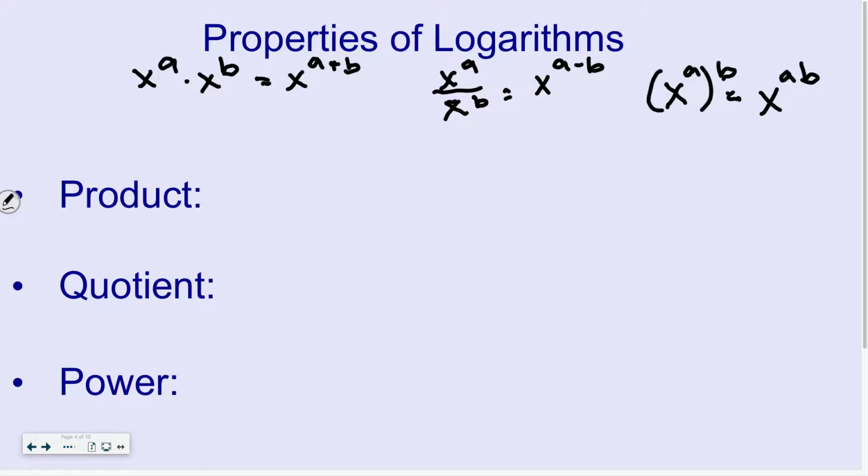Okay, so we're not reinventing the properties. We're just rewriting them as the logs are now our exponents. So these should look familiar, although we might use different letters than the Algebra 2 textbook. Suppose I'm doing the log base a of a product. So products are things that are multiplied.